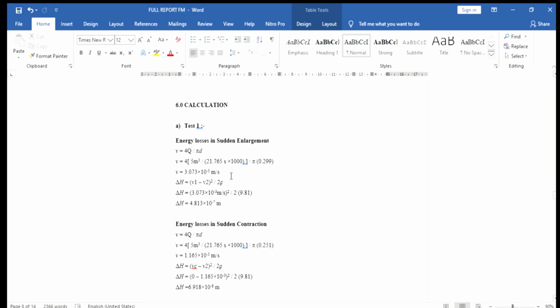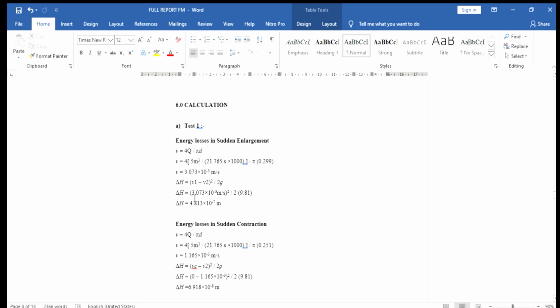To find the head loss, the formula for sudden enlargement is V1 minus V2, squared, over 2g. So we put in the value for every term and we get the head loss.